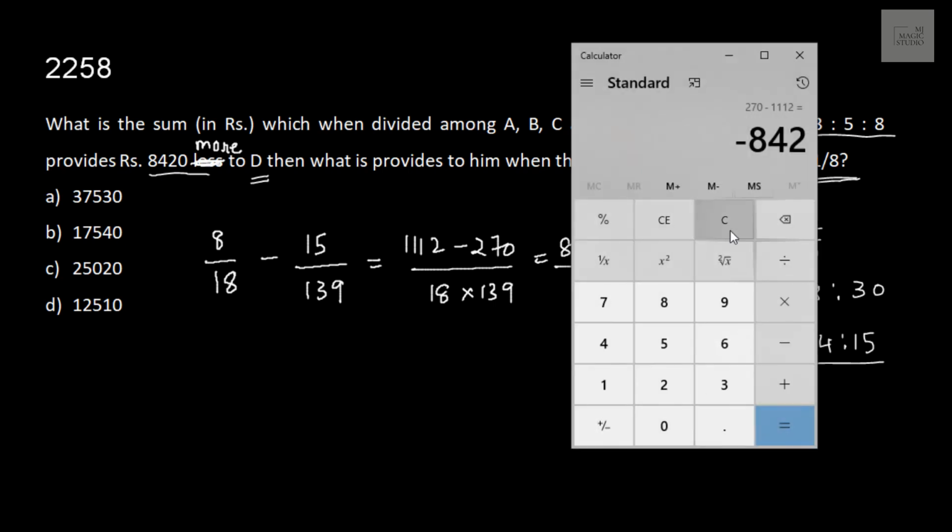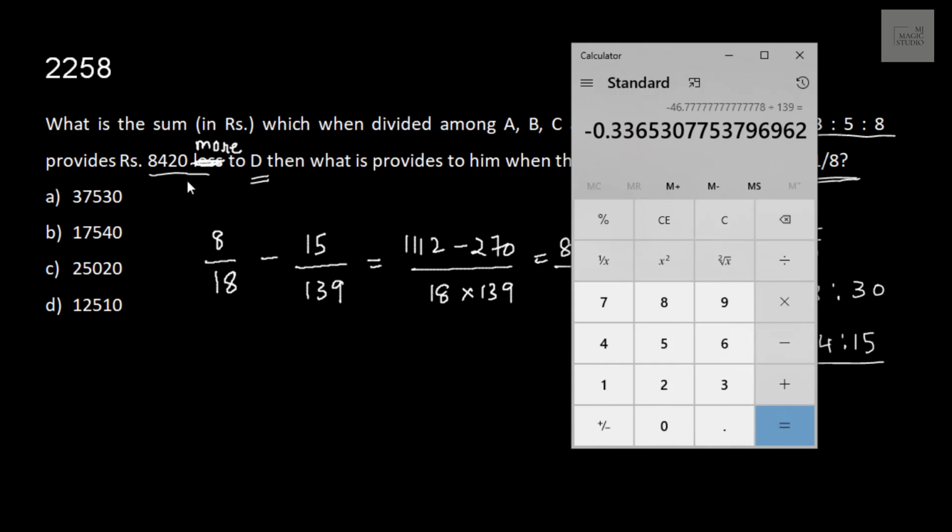So 842 divided by 18 divided by 139 happens to be 33.65%, and this much is equal to 8420.